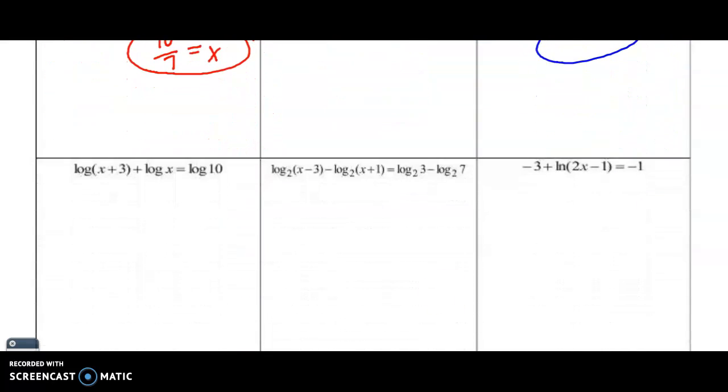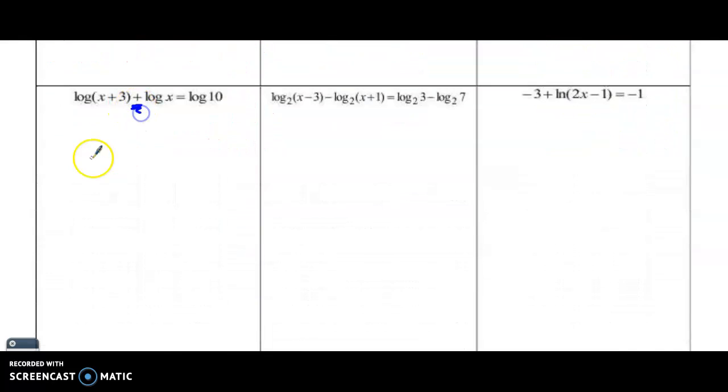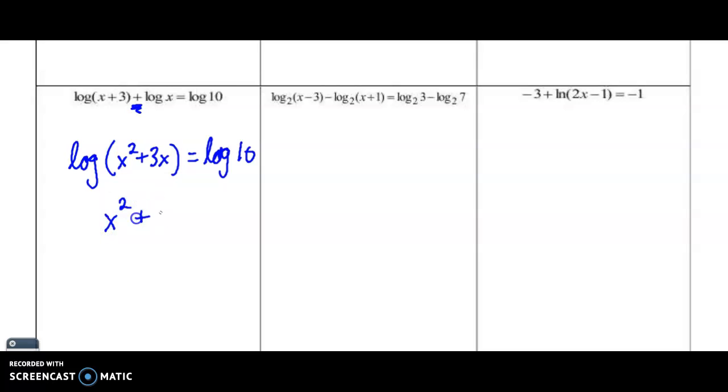Just a few more. Think about our law of logs that we can multiply, and make sure you distribute as well. I think I've shown you enough to this point where you know to distribute. Now, I would actually just leave this as log of 10. I do realize that log of 10 is exactly 1, but what you want to do is leave this alone, because when you take 10 to both sides, we want to have it equal 10.